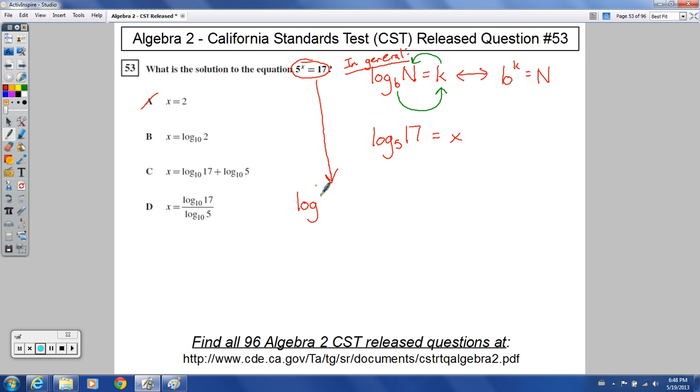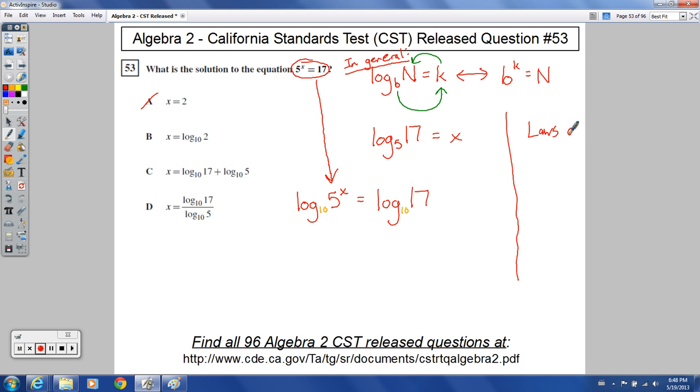I've got log of 5 to the x equals log 17. Remember, when you don't write a base, I'm going to use orange for this, it's like you're putting an invisible 10 right there. If you don't write an actual number after the log, it's always assumed to be log base 10 of that value.